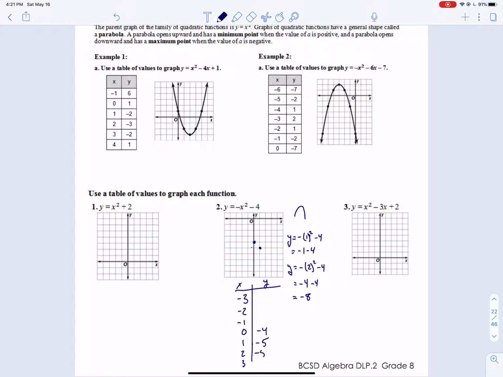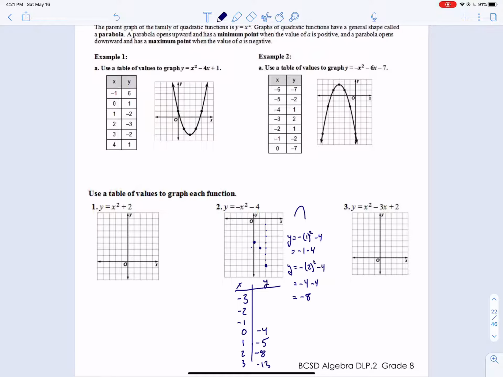So 2 comma negative 8. Okay, so it is definitely opening down. And then 3 is going to be negative 13. That's off our graph, so we can't plot that point.